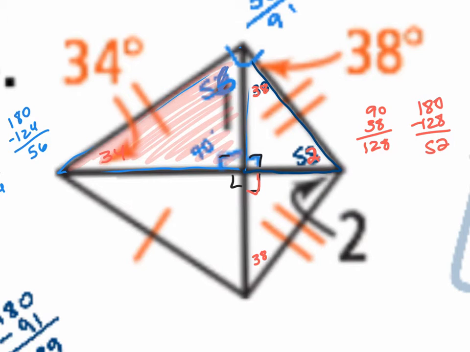So those 3 angles, the 56 was what was missing. The 90 and the 34, I added those, subtracted them from 180 to get the 56. Then this triangle is the same as this triangle down here. So I took this 38, put it here. And then I used this 90, this 38, and subtracted it from 180 and got that angle too.